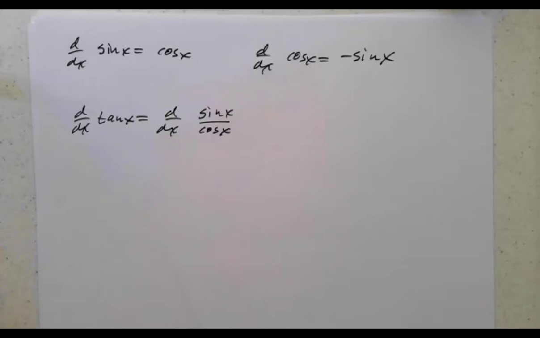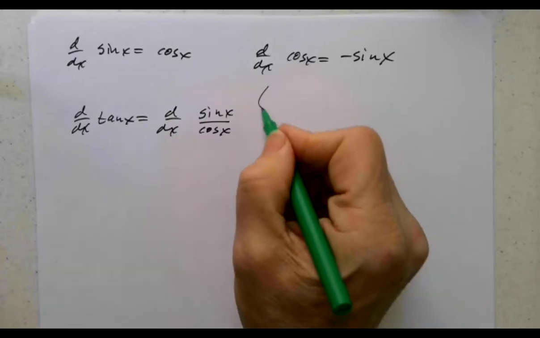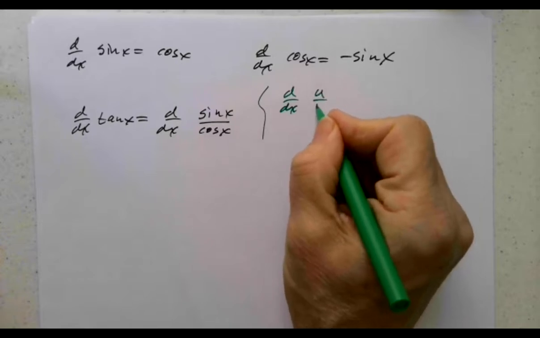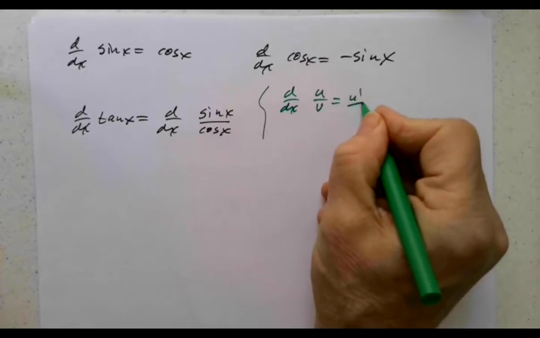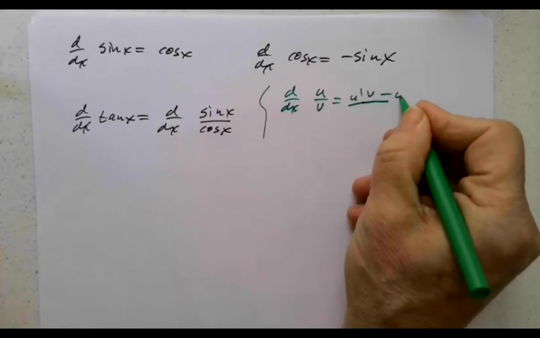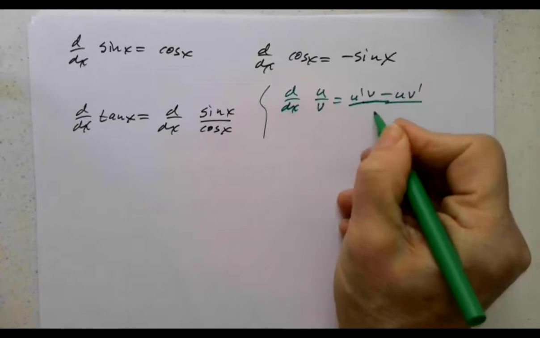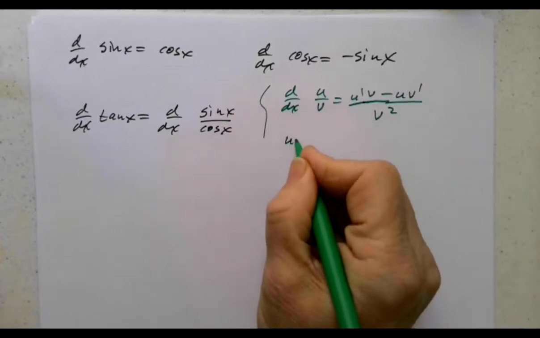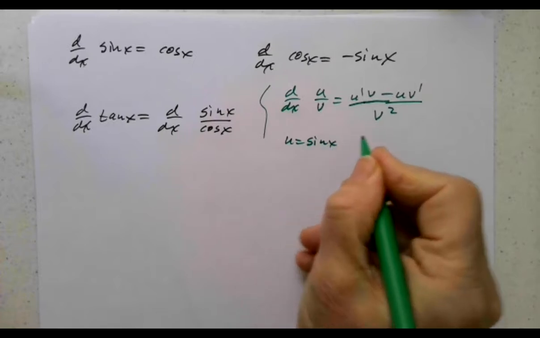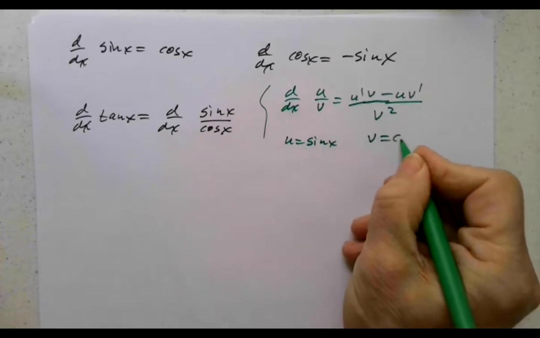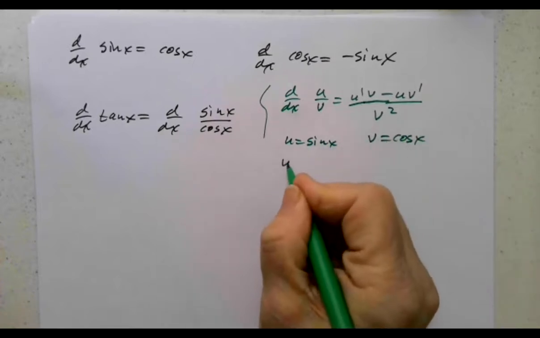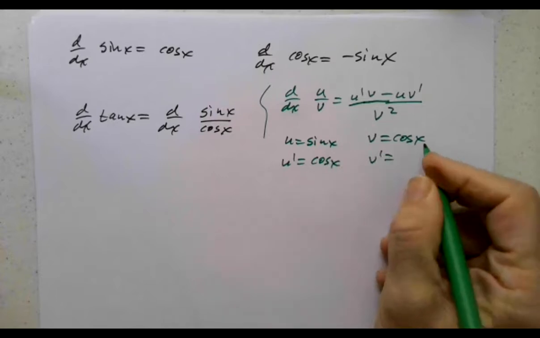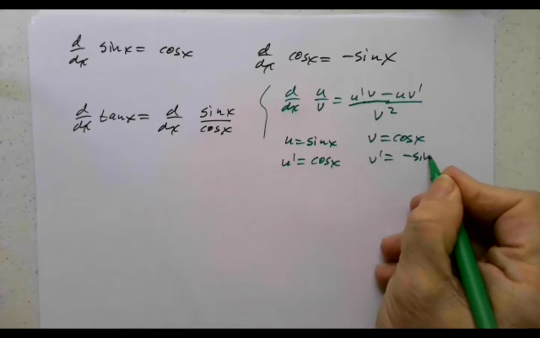And let's remind ourselves of the quotient rule. The derivative with respect to x of u over v is u prime v minus u v prime, all over v squared. So in this case, u is sine x, v is cos x, u prime is the derivative of sine x, which is cos x. v prime is the derivative of cos x, which is minus sine x.